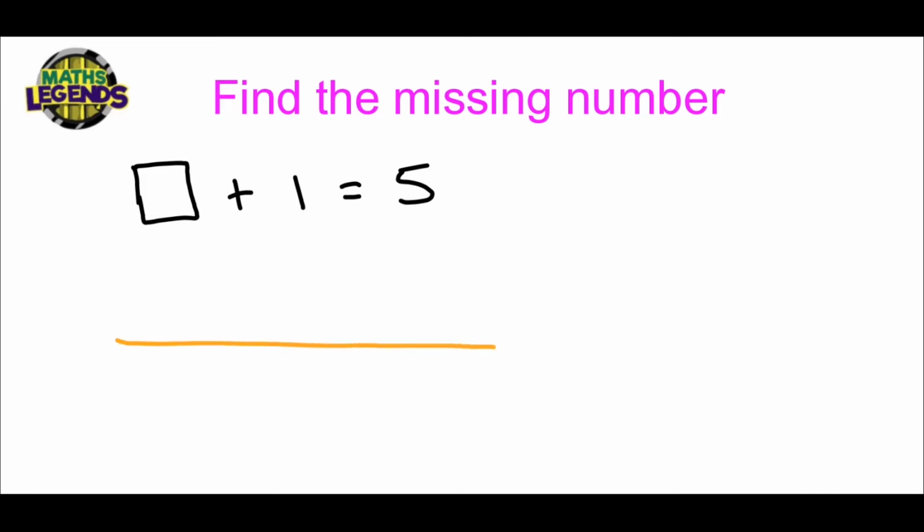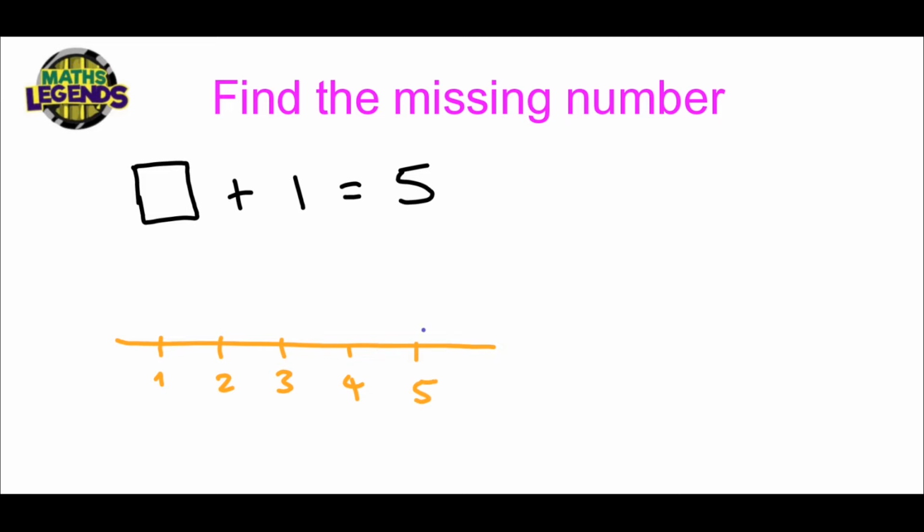So let's say we have the question, an unknown plus 1 equal to 5. So let's understand what we have written here. We need to add 1 to something to give us 5. So let's draw the number line. So we have 1, 2, 3, 4, and 5.